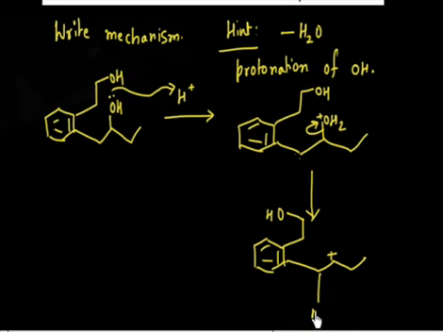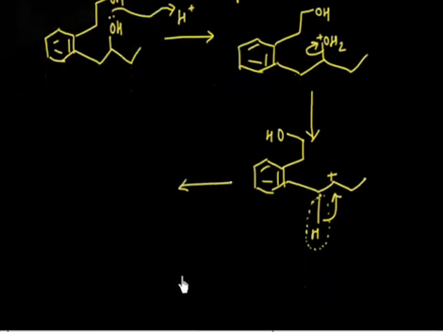Now if I do hydride migration, so if I do a hydride shift, this hydrogen with an electron pair, if I shift this hydride here, are you getting it? So this step is nothing but a hydride shift. So if I do the hydride shift, I will have something like this.